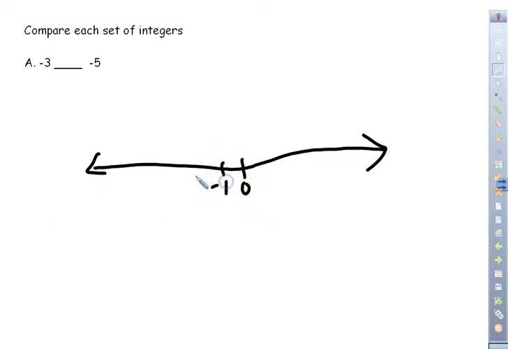So we start here with -1, -2, -3, -4, -5. -5 is here, -3 is here. Remember, further left, the smaller it gets. So my -3 is a larger number. -3 is warmer than -5 degrees. So this answer would be greater than. -3 is greater than -5.